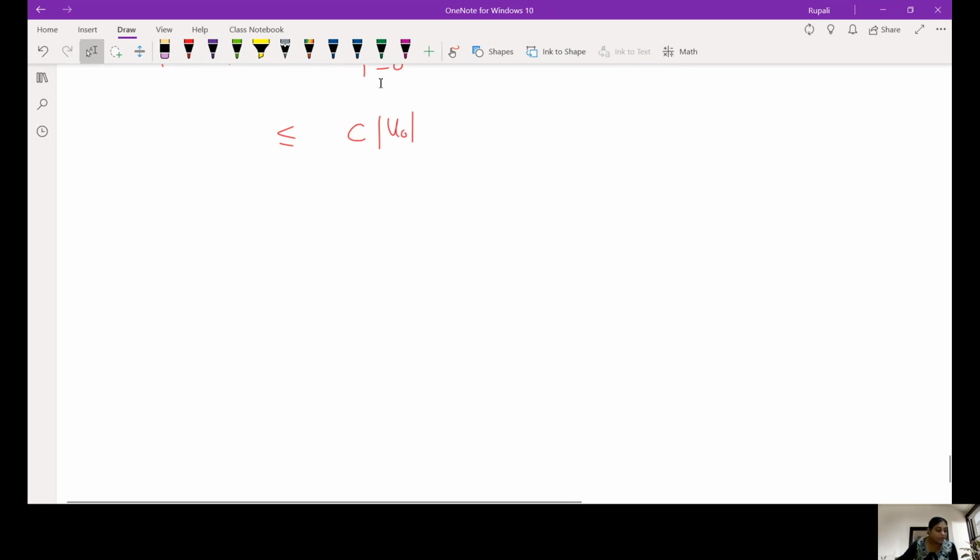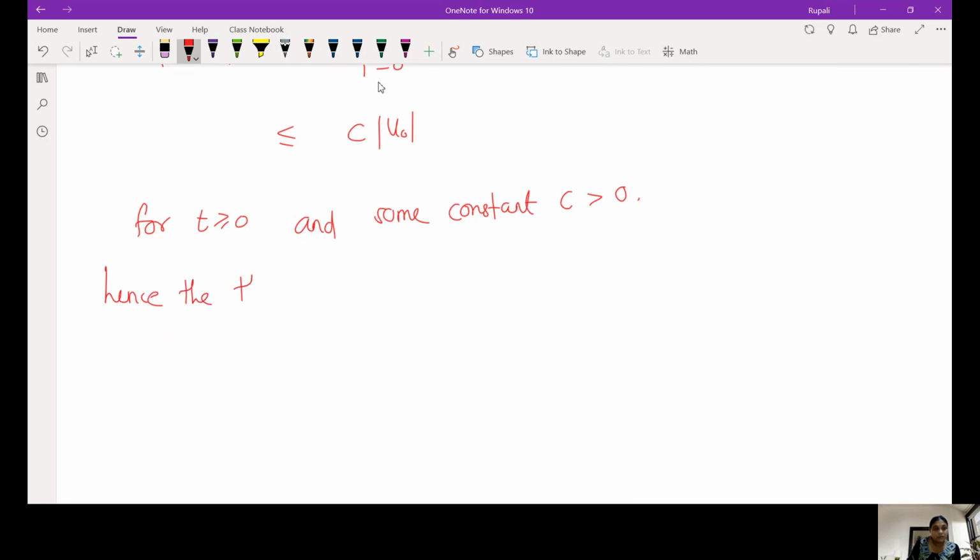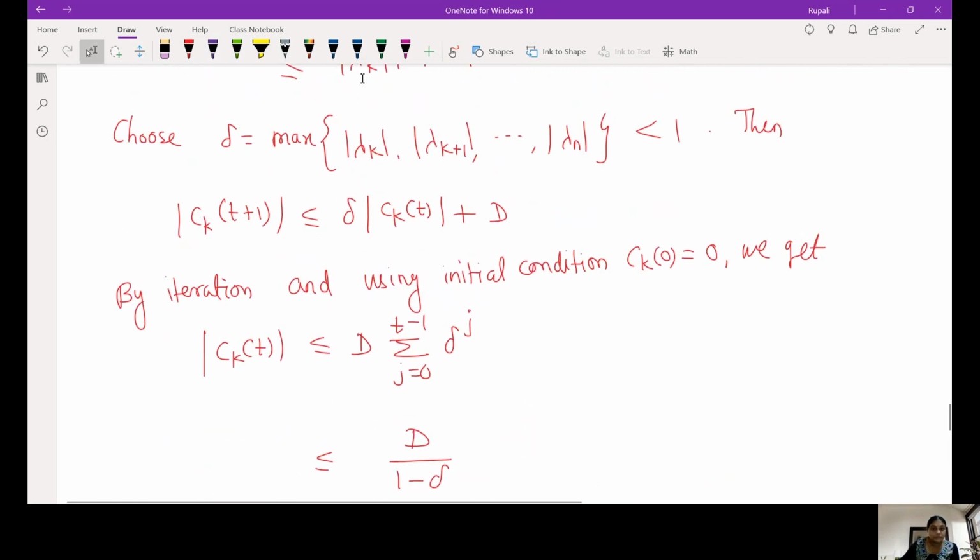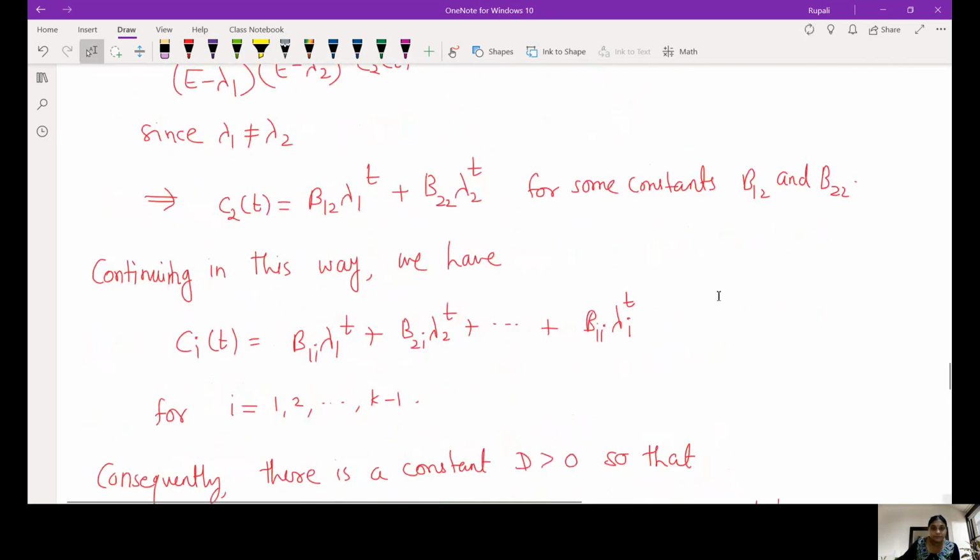Again using the matrix norm, this is for t greater than or equal to 0 and some constant c strictly greater than 0, which proves the theorem. Is that okay? So we have proved the theorem.